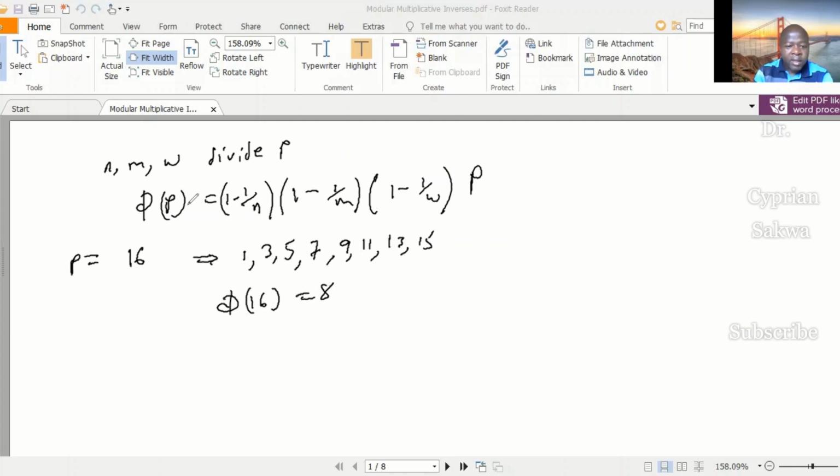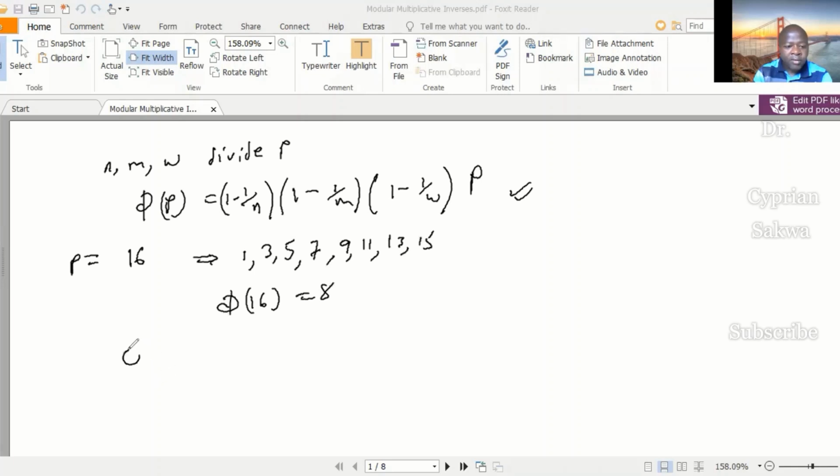In fact, this formula helps you to get the answer 8 without necessarily having to list the numbers and count them. So for me to use this formula, I'll ask myself, which prime numbers divide 16? The prime number that divides 16 is just 2.